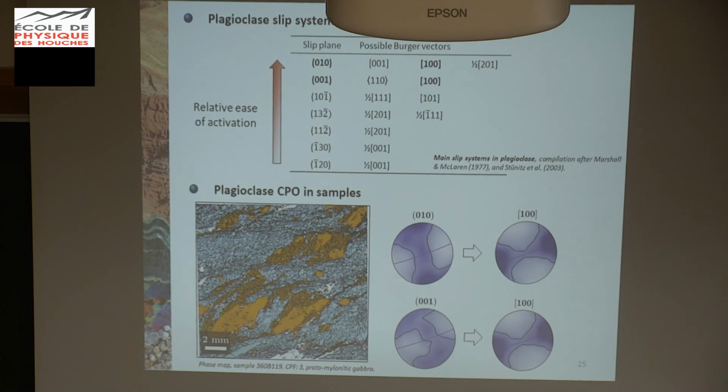And you see with the CPO patterns, here for example for this proto-melanitic gabbro, that the main slip plane corresponds to the foliation plane, and also that the direction 100 corresponds to the lineation, which is, by the way, a Burgers vector for the two main slip systems observed in plagioclase. And one other thing is that if you look at the list, the main common one observed is the slip system with the 010 plane and the slip direction 001, that we don't see here in CPOs.